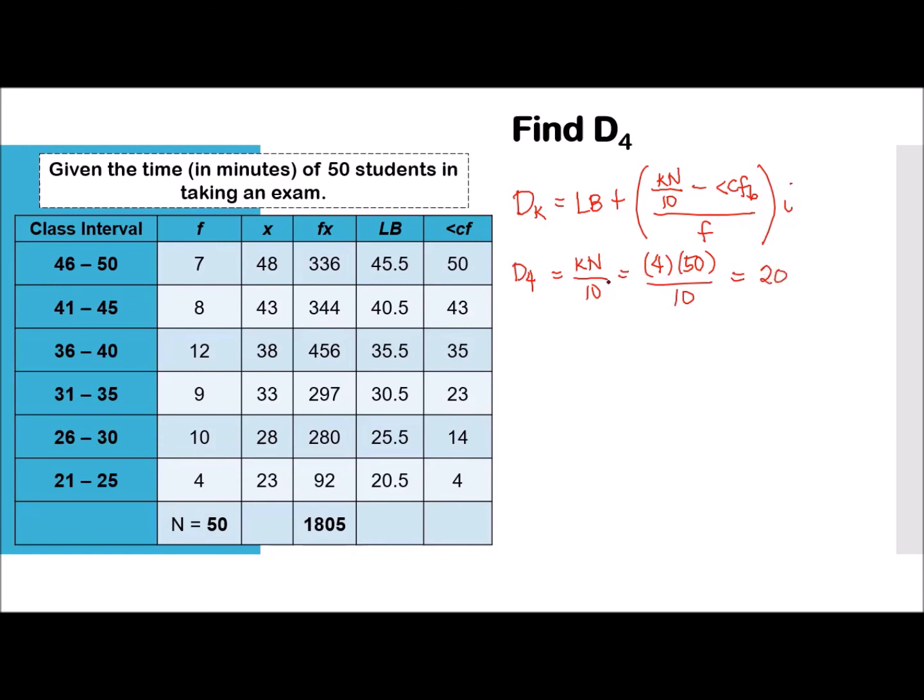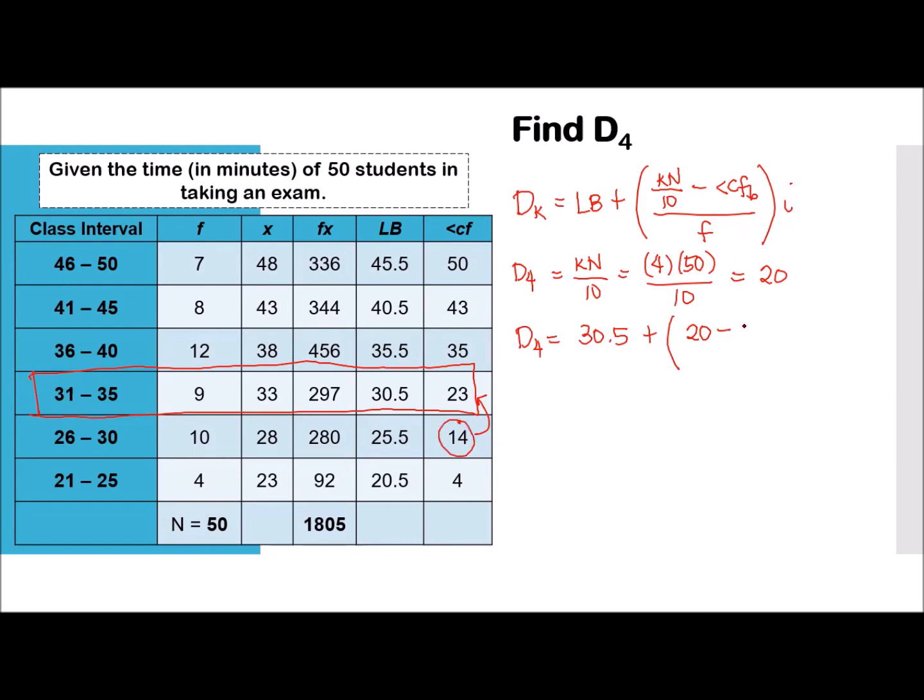Hanapin ulit sa cumulative frequency. So, nasan si 20? Sa pagitan ng 14 to 23. Then, kukunin natin yung mas mataas. Get the higher. Okay? So, D sub 4, ang lower bound natin ay 30.5 plus 20, our decile class.